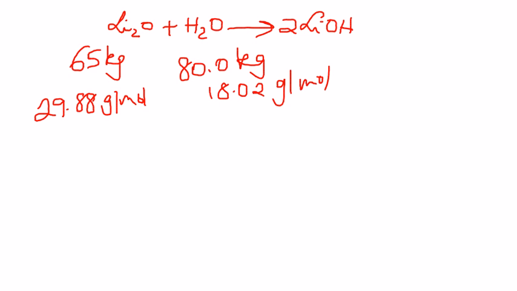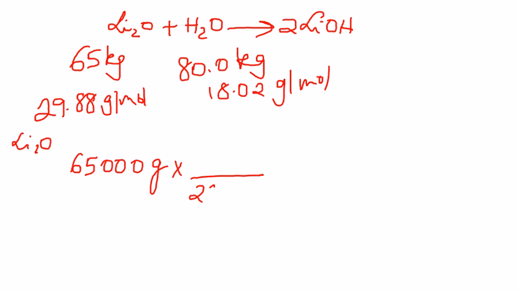This is a balanced reaction. Hopefully you can see that pretty quickly: two Li atoms, 2 H and 2 O's. So basically you would be doing the same thing we have been doing. Calculate the moles of both reactants, then use the stoichiometric relationship to see which one is going to be formed in a larger amount. Let's do that for Li2O. That's 65 kilograms, so let's convert that into grams: 65,000 grams, and 29.88 grams make 1 mole.